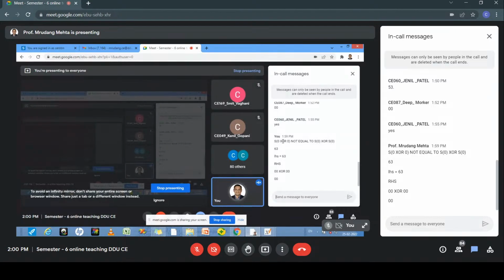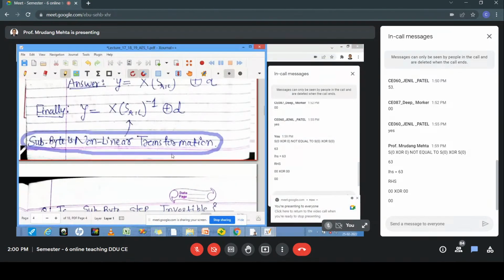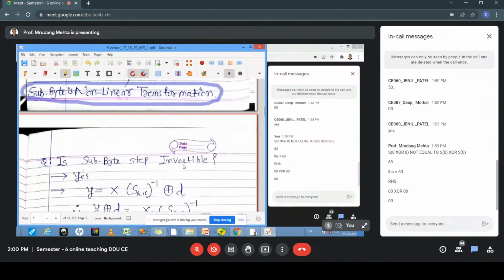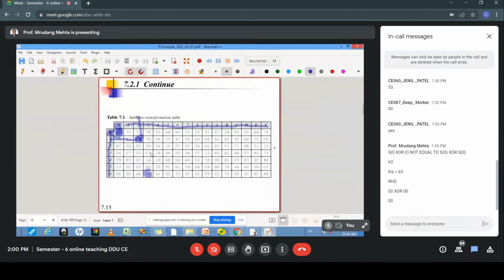So our inequality is proved, we have found one pair for which it is not equal, and so sub-byte is non-linear. Is that understood, all of you? From the table, we are saying that S00 is 63H. This is the substitution byte table that I had shown you, where the value is 00.